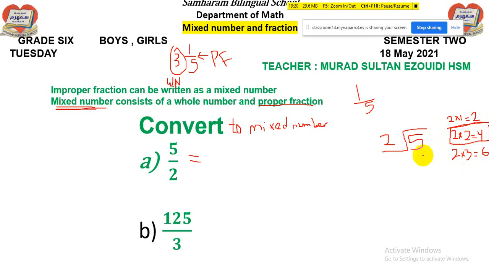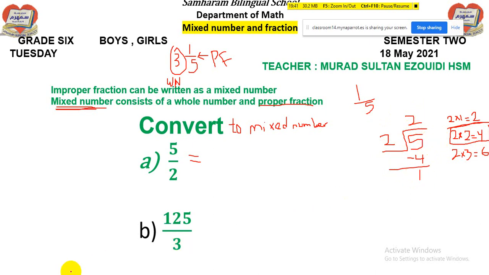It means I will subtract 4 here. How many 2's are there in 4? So 2. 2 multiplied by 2 is 4. That's why I start with this 4. So the remainder is 1. This one is called the divisor. This is the quotient. This is the dividend, and this is the remainder.